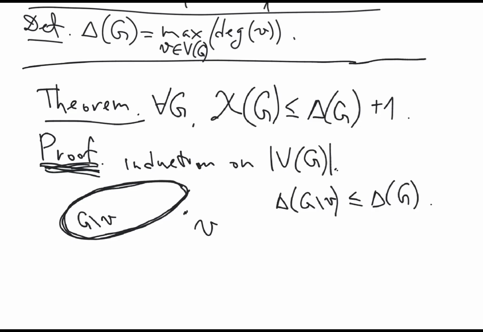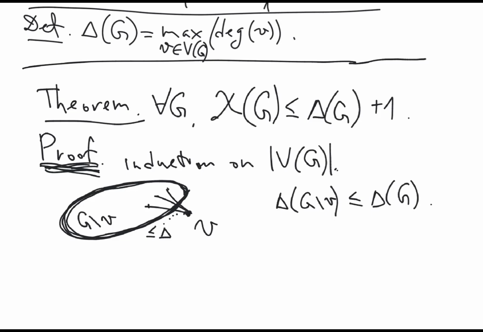So by the inductive hypothesis, this graph G minus v is colorable into delta plus 1 colors, and then we need to extend this coloring to the remaining vertex v. The vertex v has at most delta adjacent vertices, because delta is the maximum degree among all vertices.